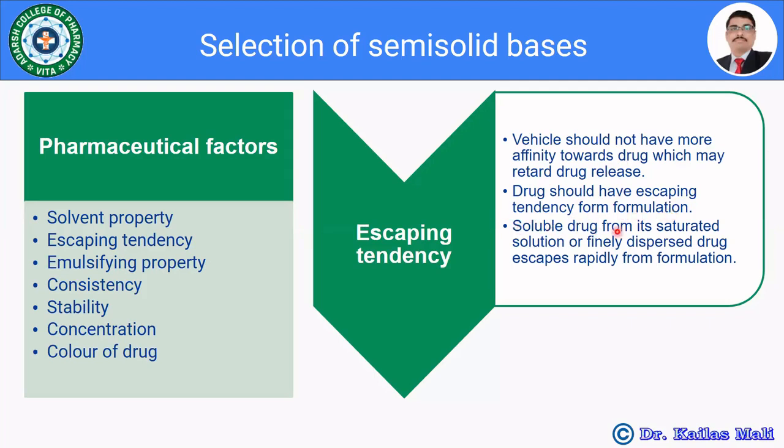A soluble drug from its saturated solution, or a finely dispersed drug, escapes rapidly from the formulation. If we have a saturated solution or finely dispersed drug in the formulation, such a drug escapes rapidly from the formulation and is permeated or absorbed. So this is about the escaping tendency.